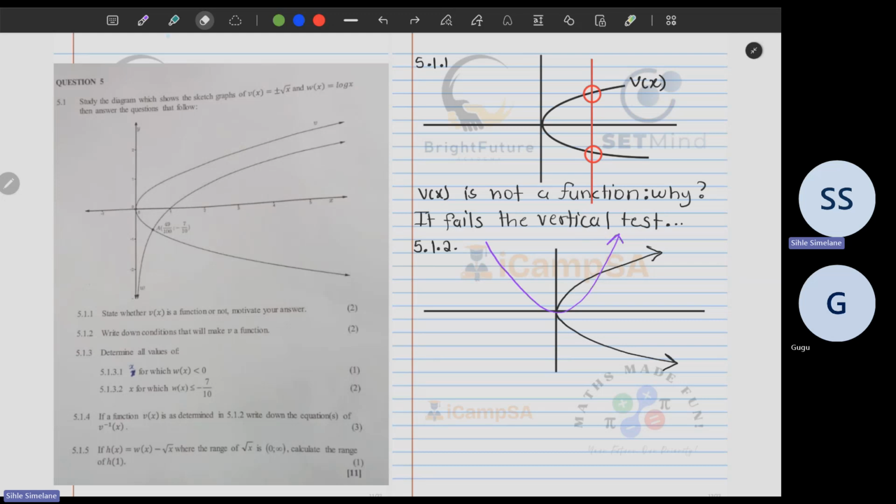We have an intersection point here. Because we have a point there, they actually want us to have the bottom part of the function. You see that?